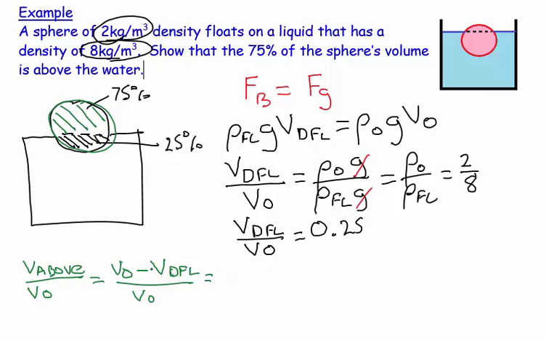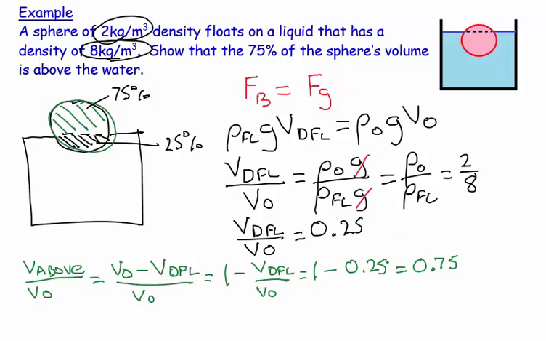So this equals 1 minus the volume of the displaced fluid over the volume of the object. Just doing a little bit of math there, which is 1 minus, I just worked this out, 0.25. So mathematically that equals 0.75.